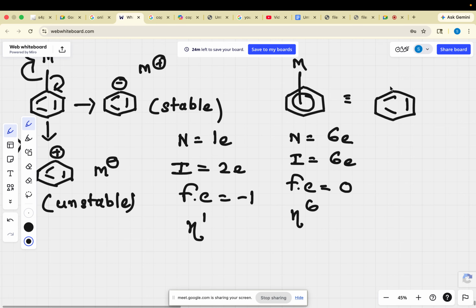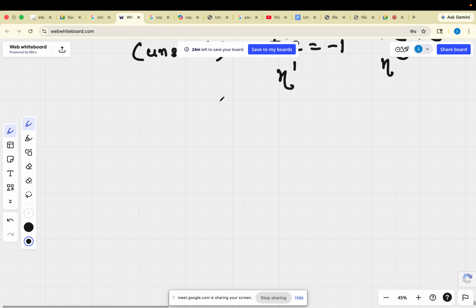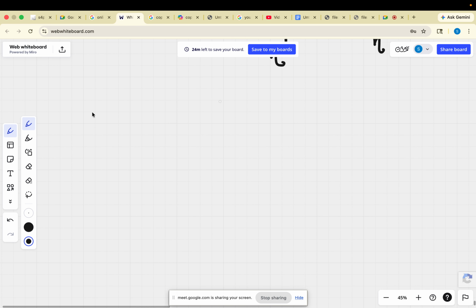Not 7 electrons. This double bond is donating, this double bond is donating, as well as this double bond is donating. So we are not drawing like this, we are simply drawing like this. Clear? Okay, fine. Now let's move to the next example.